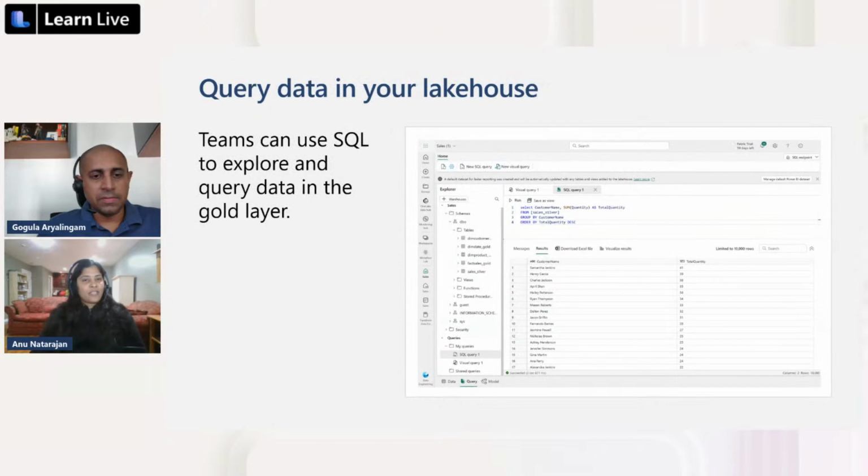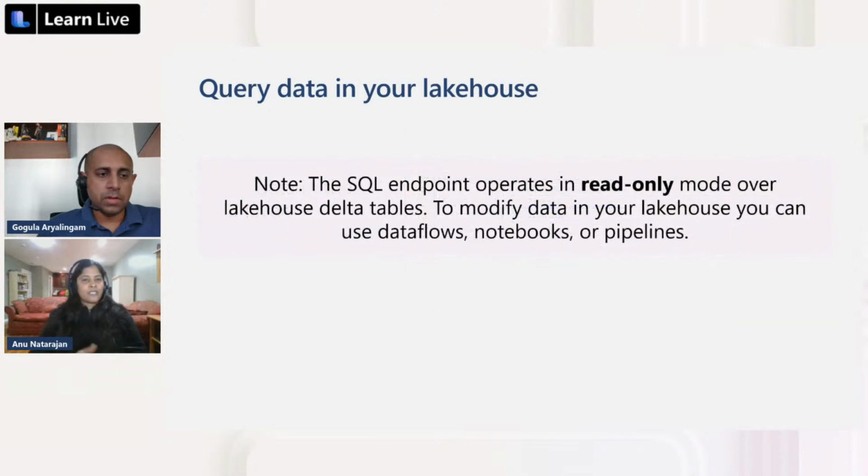So moving on from that, there are many ways you can query the data in your lakehouse. One is using SQL with the help of that SQL endpoint. We will be looking at that in the demo in detail, so I'll just quickly highlight it here. You can use SQL to explore as well as query the data using the gold layer. You also get the ability to use Power BI reports, as Gokula was mentioning.